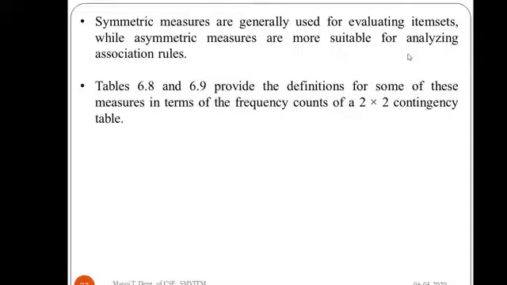So symmetric measures are generally used for evaluating item sets, while asymmetric measures are more suitable for analyzing association rules. So let us see some of the list of measures which can be used as symmetric and asymmetric measures. We are not going into detail on all these measures because there are a lot of measures and it is beyond the scope of your syllabus also. If you are interested, you can check one by one.